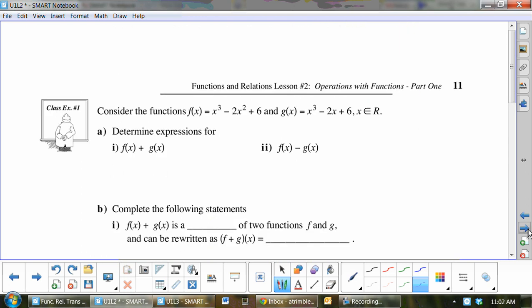So let's just do a couple of these. Here's f of x, here's g of x. Determine the expressions for f of x plus g of x. Now, if you look at these two, they look like they're the same equation, but they're not, okay? Okay, so they're not the same.